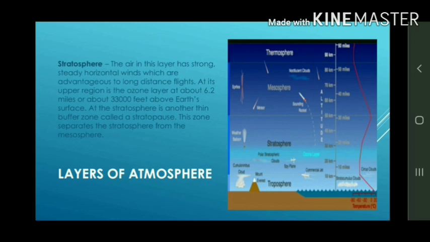When these reach the stratosphere, contact with the UV or ultraviolet radiation causes the release of chlorine, which reacts with the ozone molecules. It is speculated that one chlorine atom can actually destroy 100,000 ozone molecules.